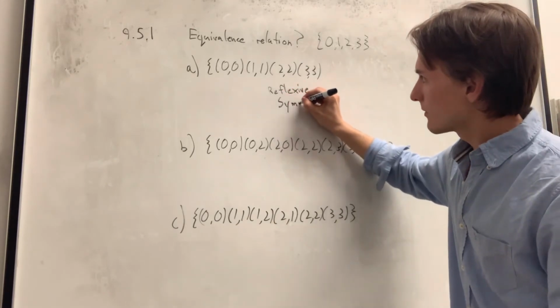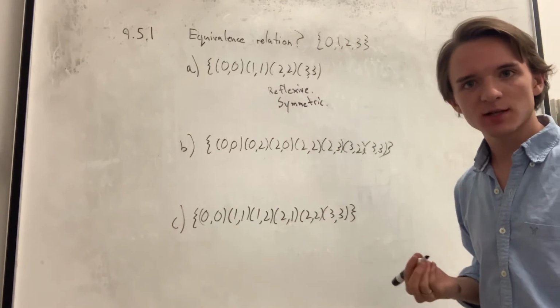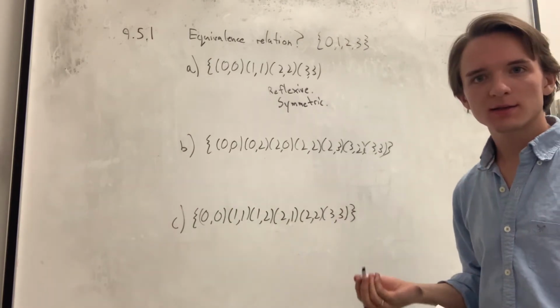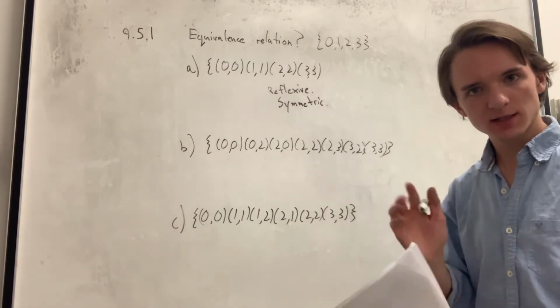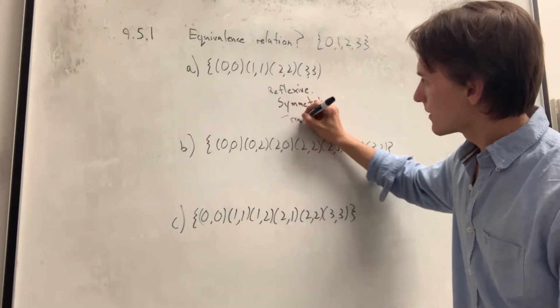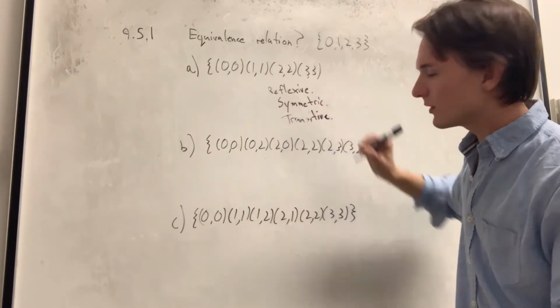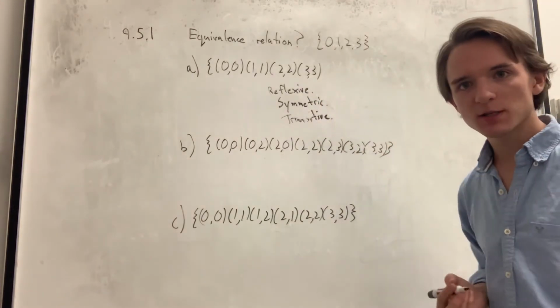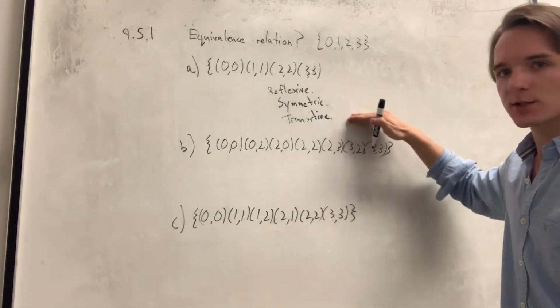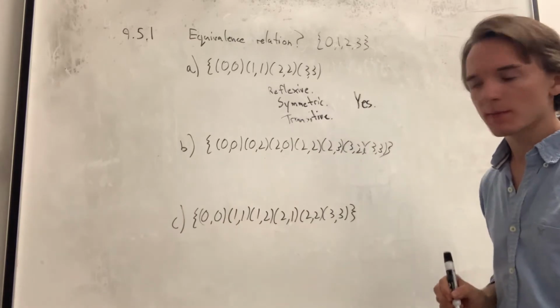Yes as well. We don't even have any values to test for symmetry, so we don't have, like, 1, 2 to test if 2, 1 even exists, so it is symmetric. Finally, is it transitive? Yes, it is transitive. We don't even have any transitive pairings to test, so it must be transitive. So because it passes all three checks, we would say that it is an equivalence relation.